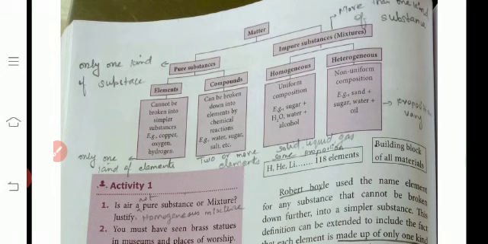Homogeneous means the sugar is dissolved in water, and water plus alcohol. Heterogeneous means sand and sugar are not the same, they are different. Water and oil vary in proportion. Same proportion means homogeneous mixture. Different proportion means heterogeneous mixture.